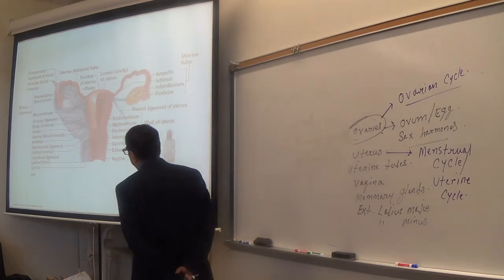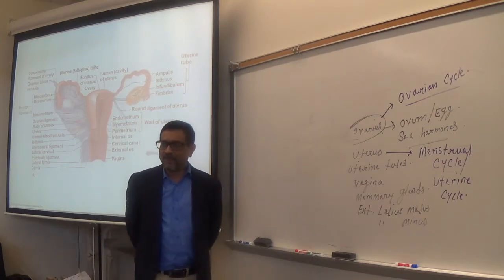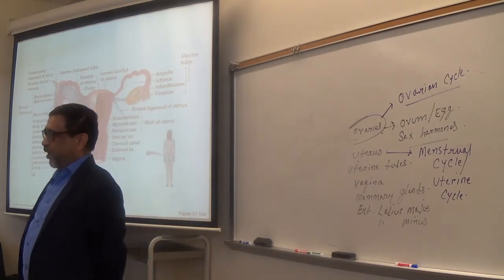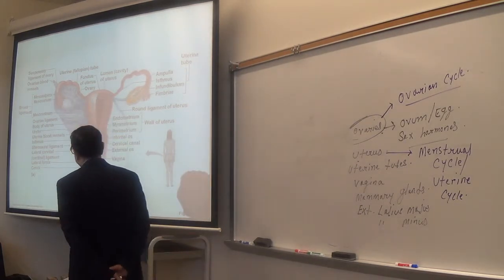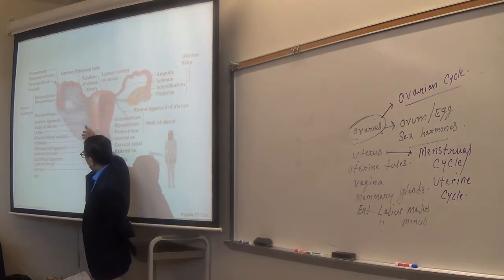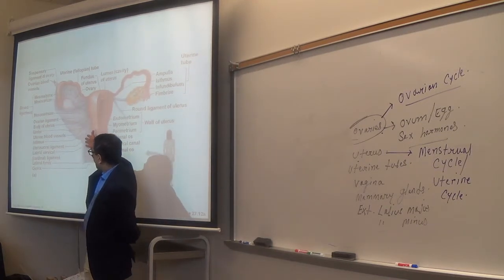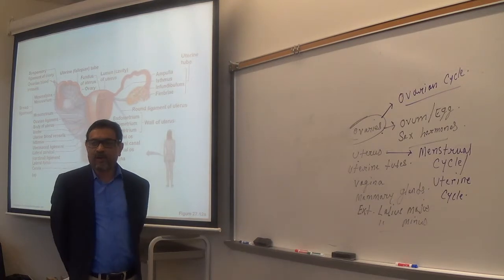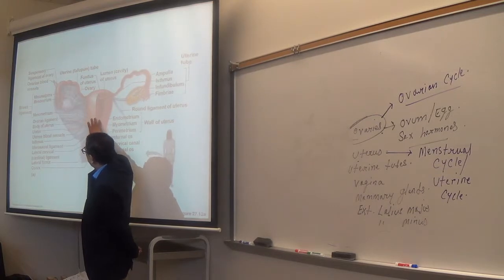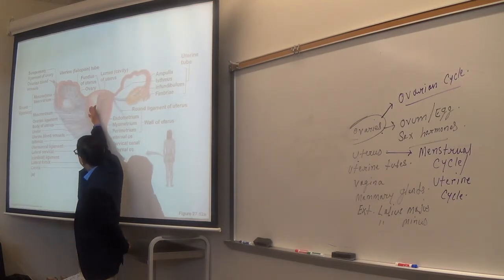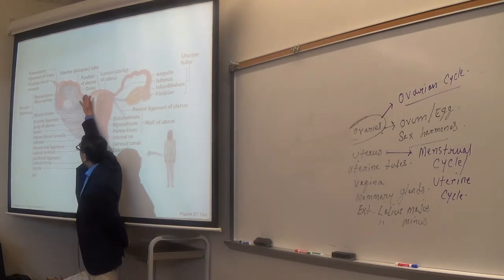Two round ligaments. Then you have a broad ligament. The name is telling you it is broad, a flat, membrane-like ligament. This one, you see the membrane, same thing on this side. So this is the broad ligament. The broad ligament supports all reproductive organs because it is attached to the uterus, the ovaries, and the fallopian tube.